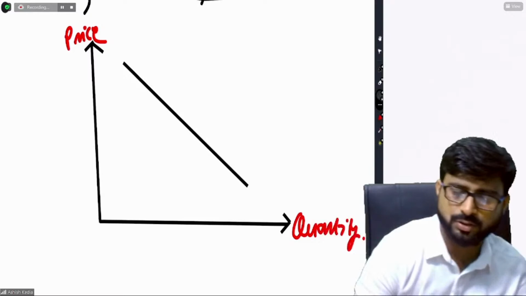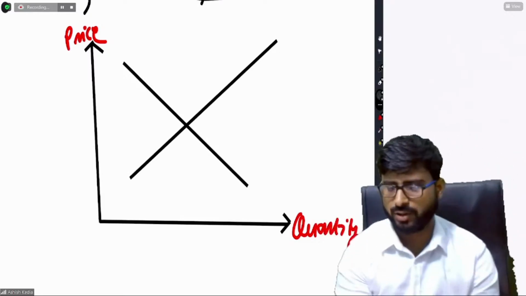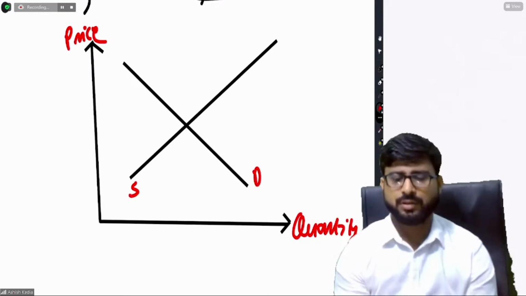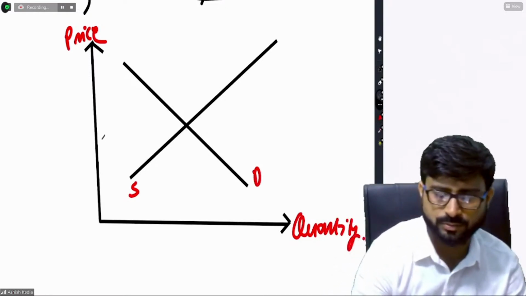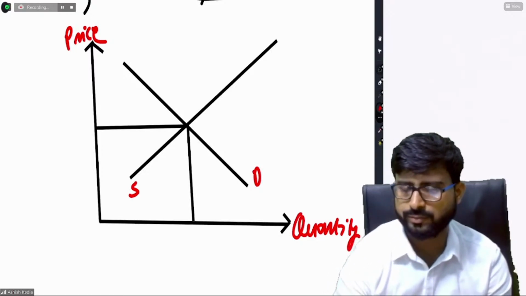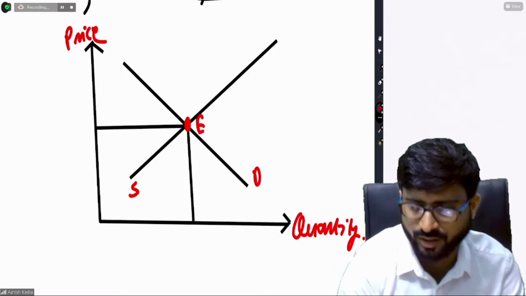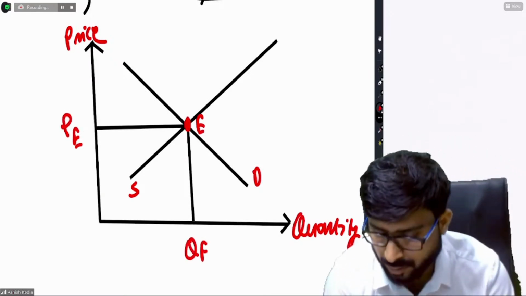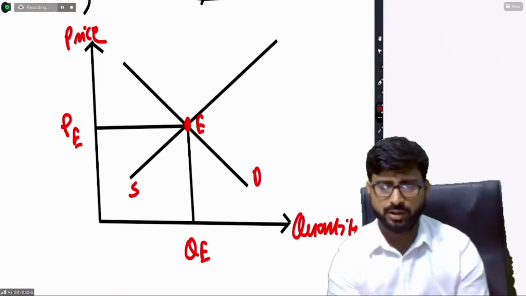Got it? Here it is supply originally. So they are intersecting. So this is the equilibrium price. This is the equilibrium quantity.